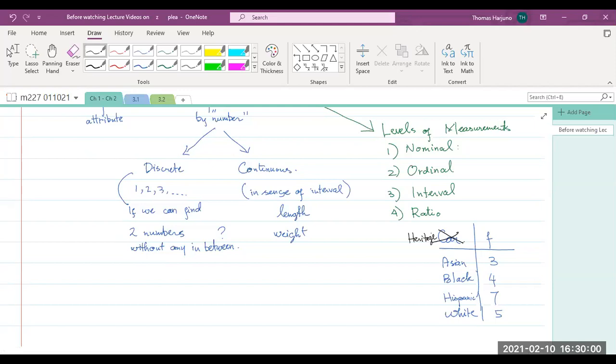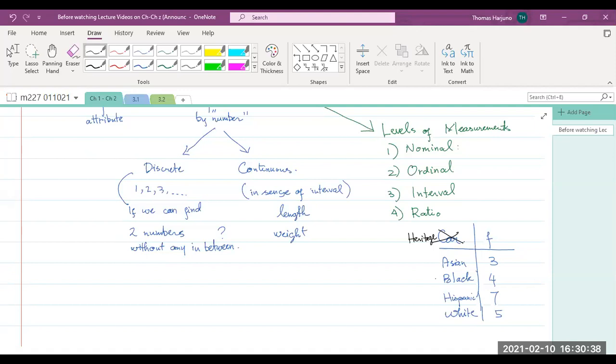We cannot say Asian should come first, then black. Why? Simply because it starts with an A? No. I listed them in that order here, but it doesn't mean Asian is better. We cannot put that kind of concept of which race is better, which race is worse. That's why when we talk about which country you come from, what's your heritage, what's your race, it falls into the level of nominal measurement.